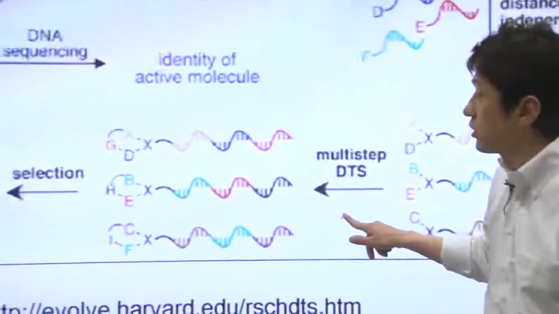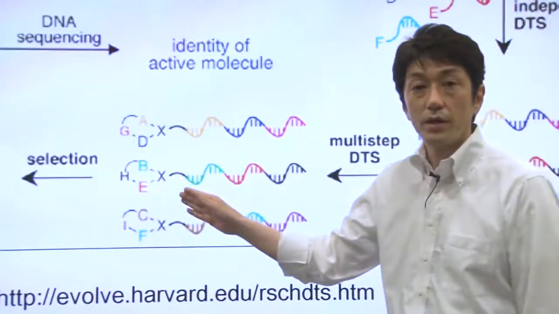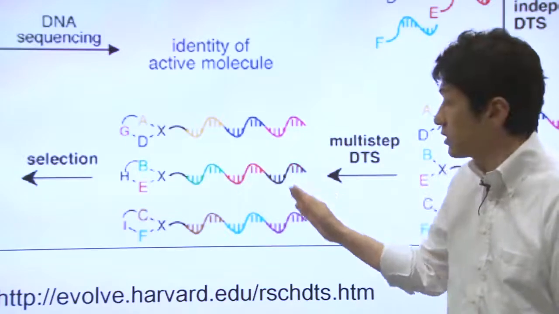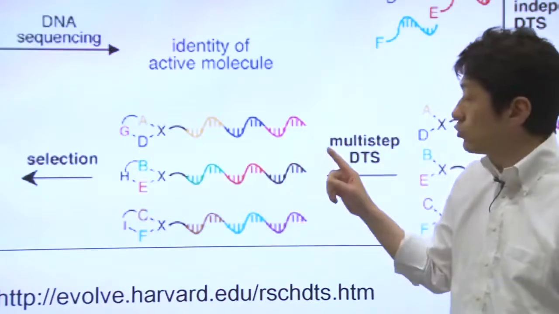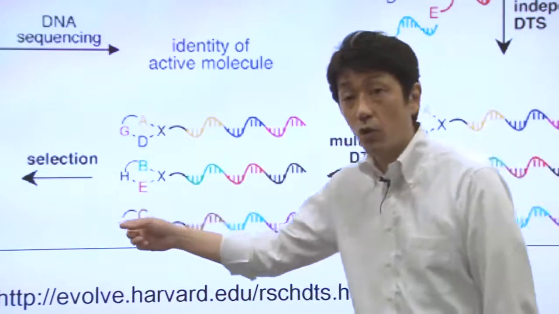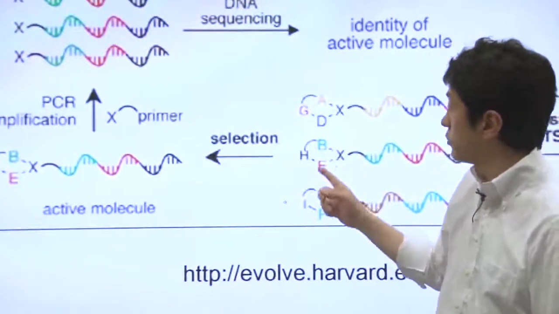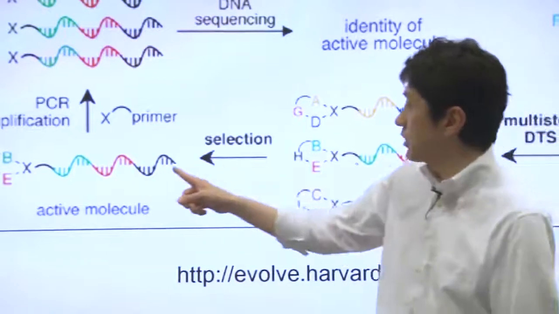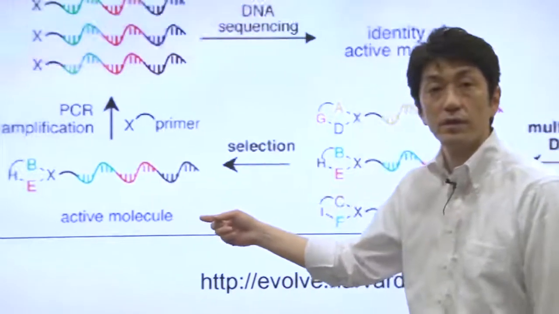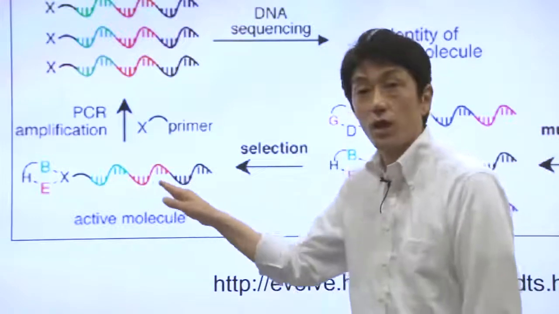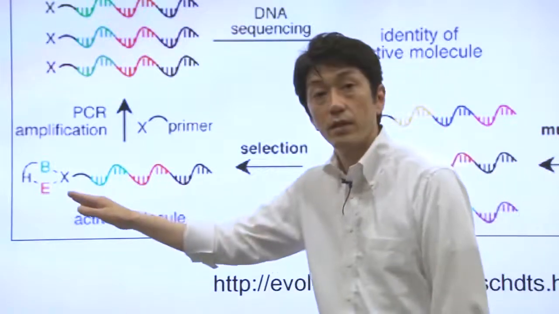Consequently, you can generate a library of chemicals which is programmed with DNA sequences. You can select active molecules from the mixture. So let's suppose this one is active. You can select this one. The selected molecule has a DNA strand attached to it.